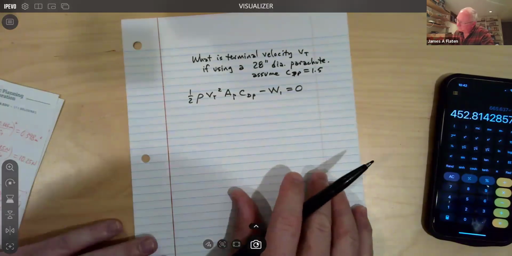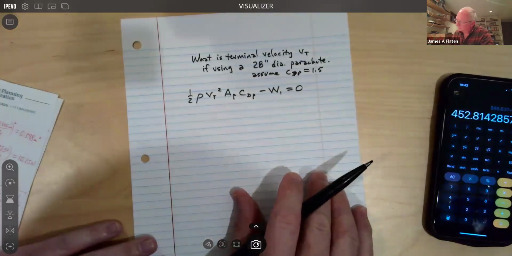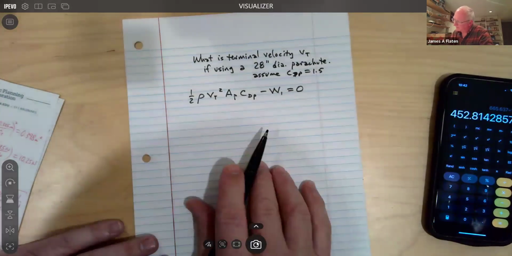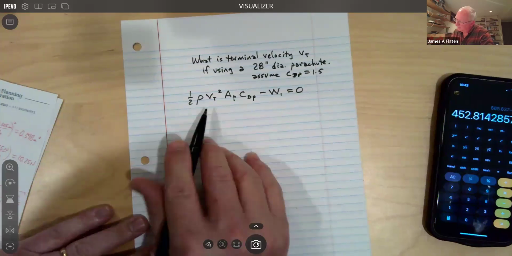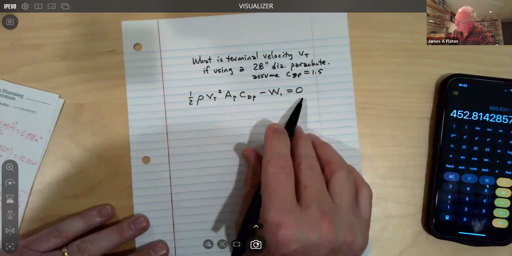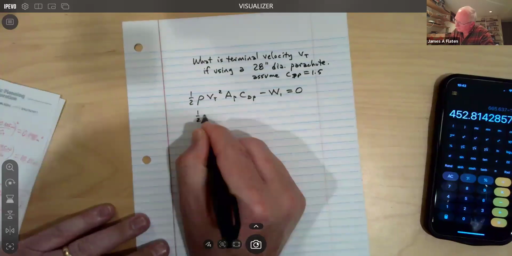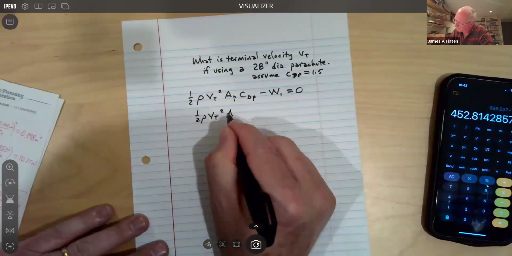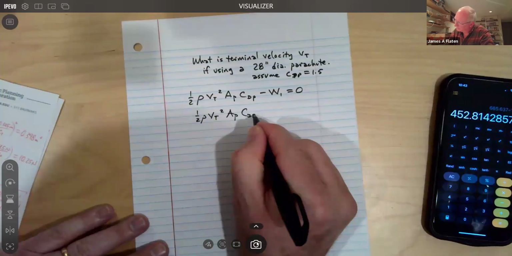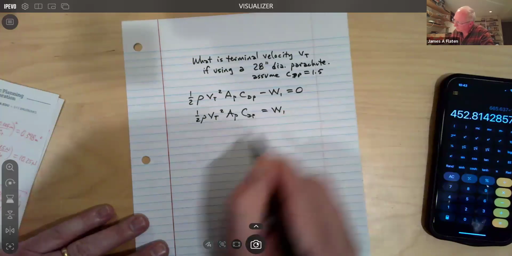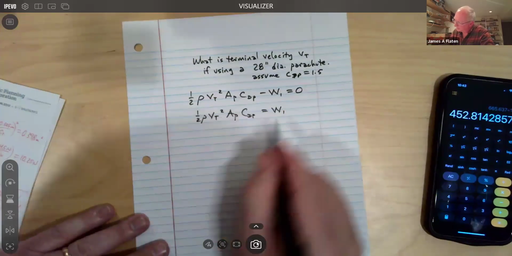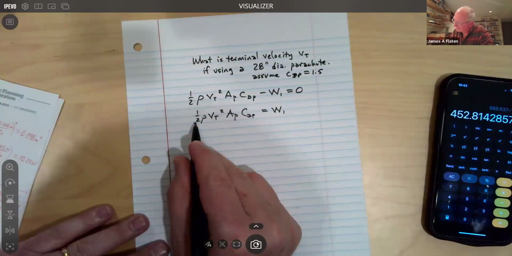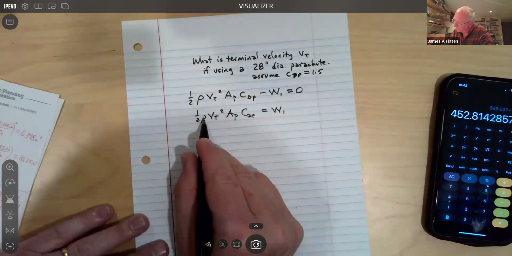Let's calculate a few of these things. First of all, let's take this thing and solve it for the terminal velocity. So first of all, I could put W1 on the other side. So I would have 1/2 rho terminal velocity squared times A times C equals W1. And then I can multiply both sides by 2 and divide both sides by rho.